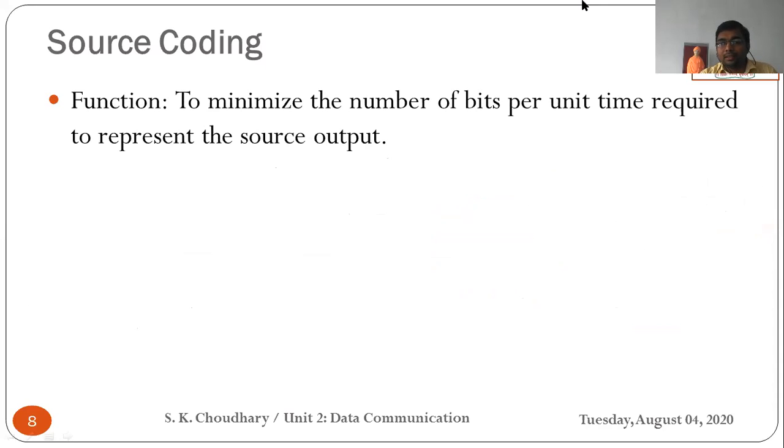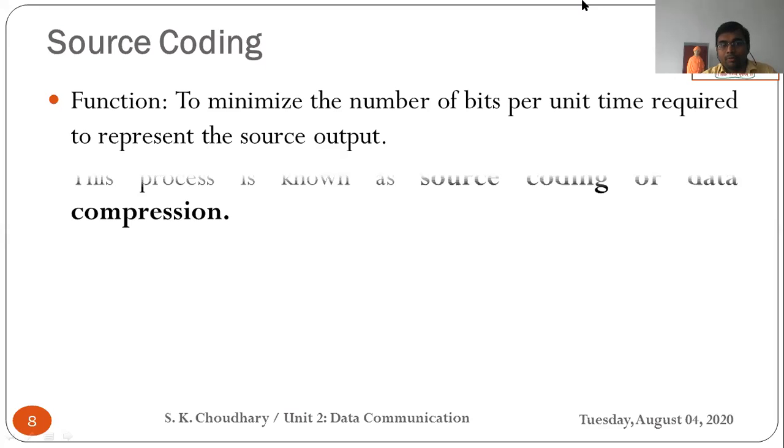So in this block we encode the source information so that the number of bits per unit time is minimized. This process is called source coding, or data compression.